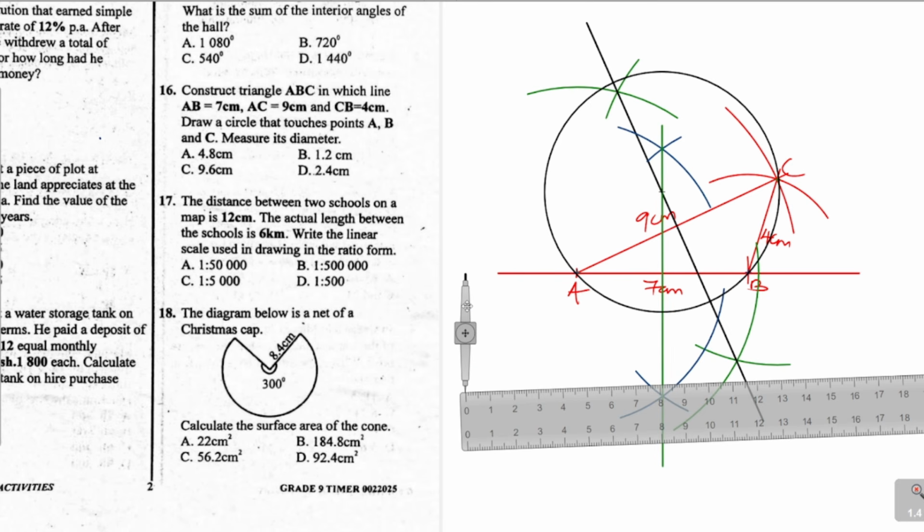So with that radius, I can just stand there and measure. So this is giving 4.8. So the radius of that circle is 4.8. So that means the diameter will be 9.6. And that is how you're supposed to do that.